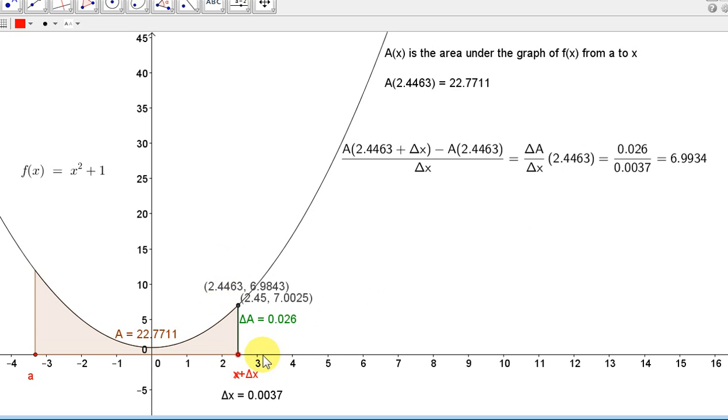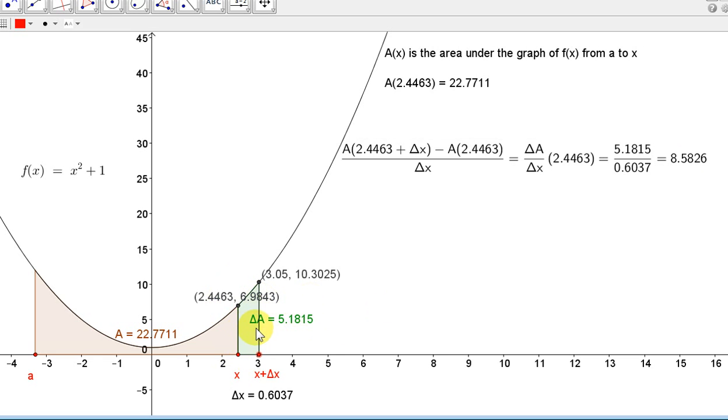It turns out anyway that this number will approach the y value of the point on the graph. Delta A divided by delta x will approach the y value of this point, which in this case is 6.9843.